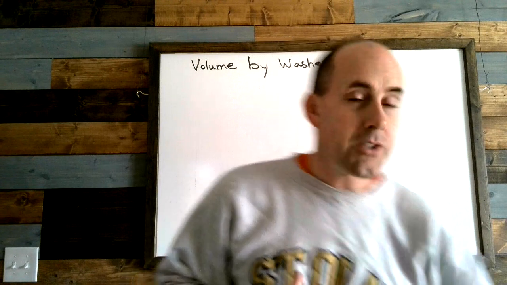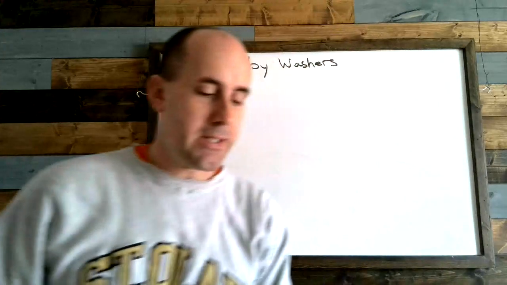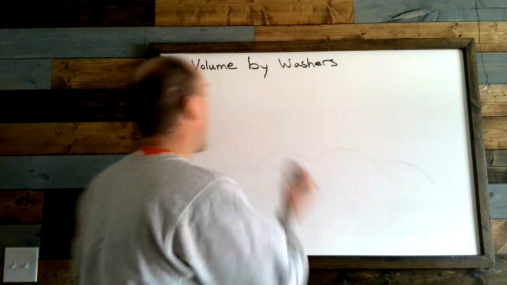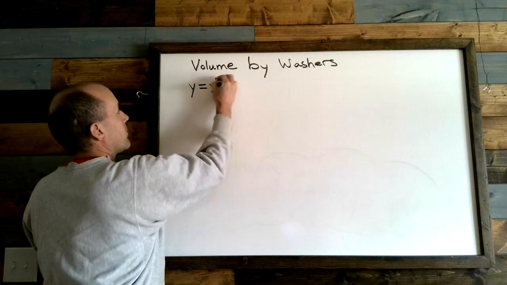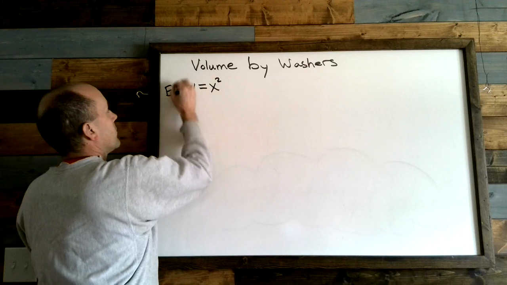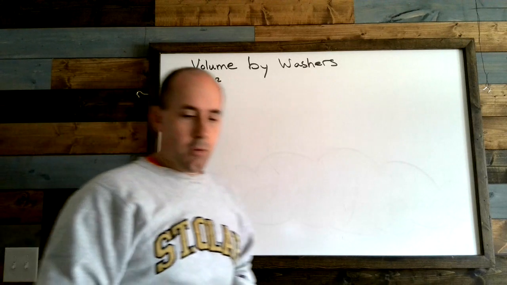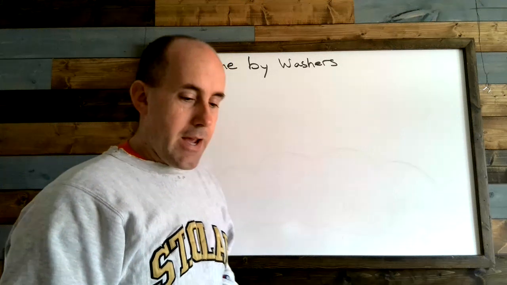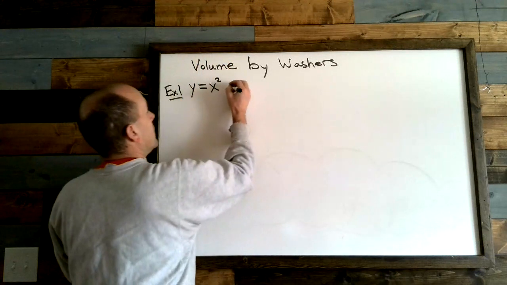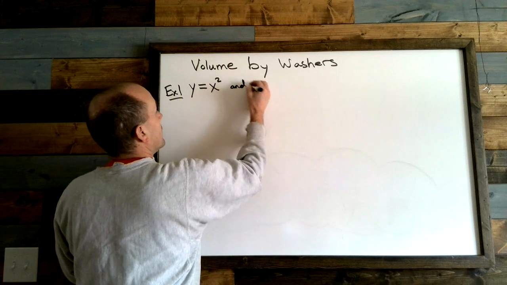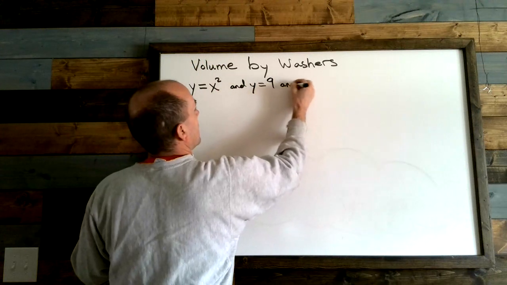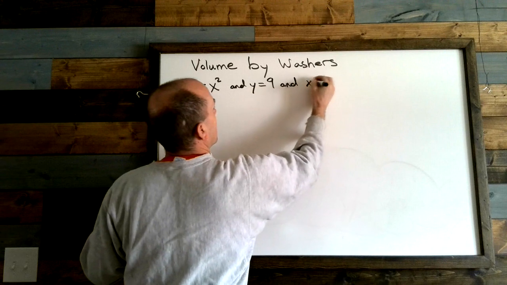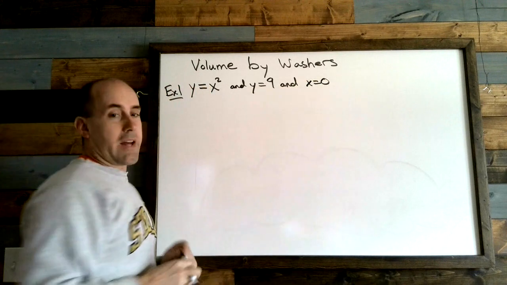So let's look at the type of problem that we want to see today. We're going to look at y equals x squared. Call that example one. And y equals 9, and x equals 0.